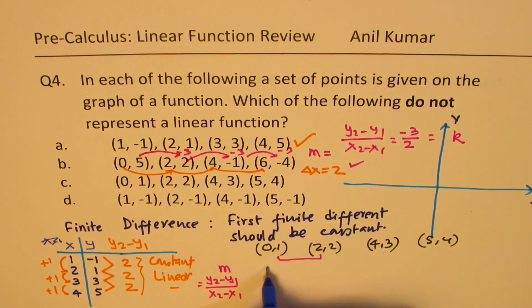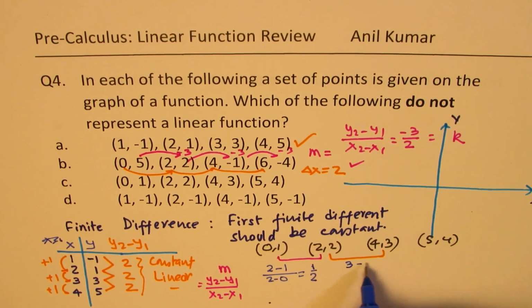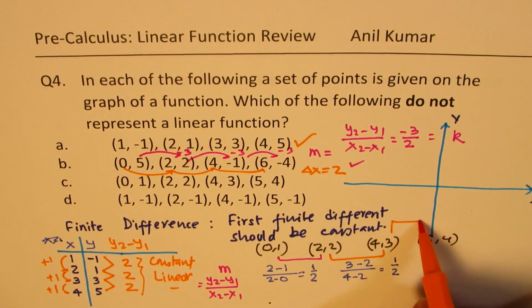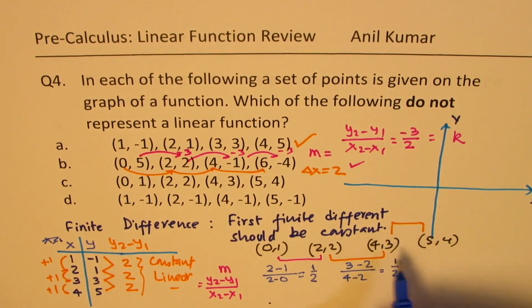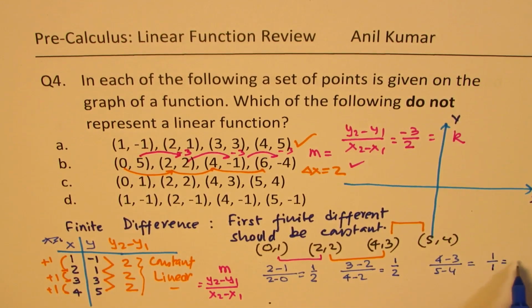So 2 minus 1 over 2 minus 0, which is 1 over 2. Now the slope between the next two points: 3 minus 2 over 4 minus 2, which is again 1 over 2. Now the slope between the next two points: 4 minus 3 divided by 5 minus 4, which gives 1 over 1, which is just 1.